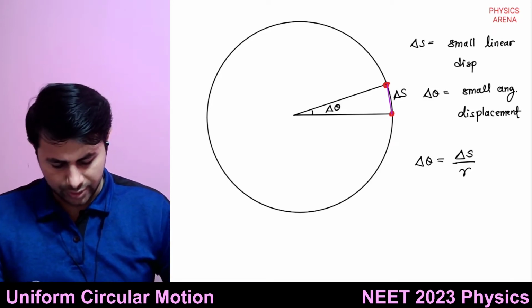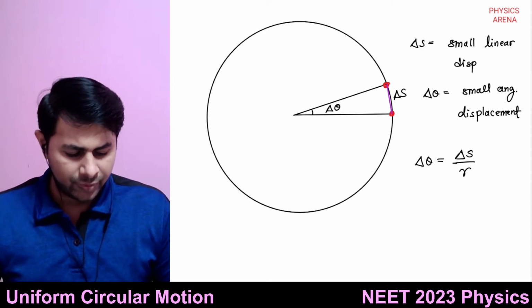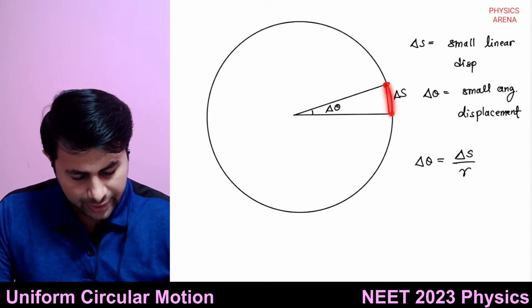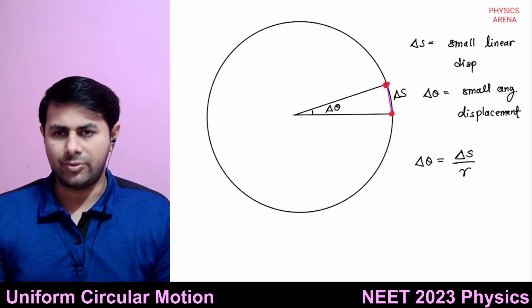If the angle is small, then this arc length and this straight line are almost equal. Yes, no?